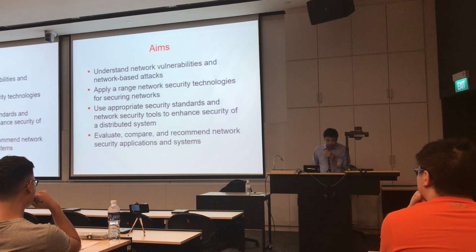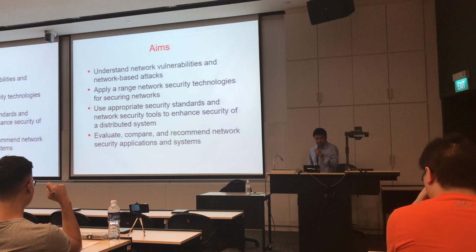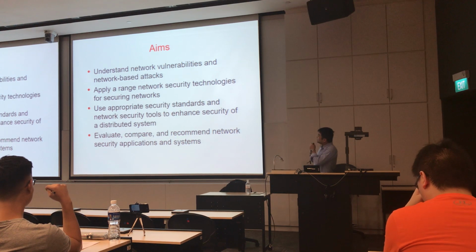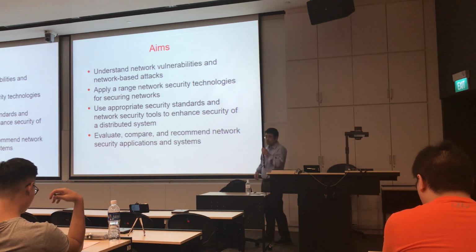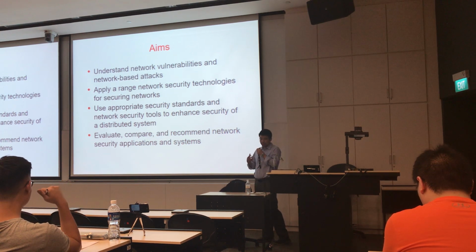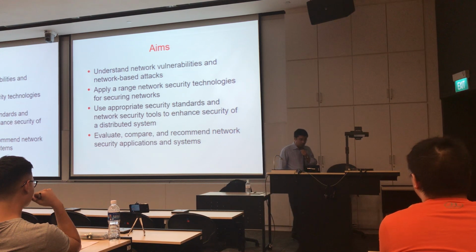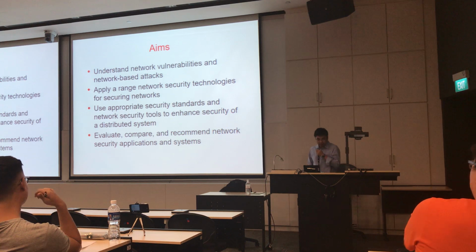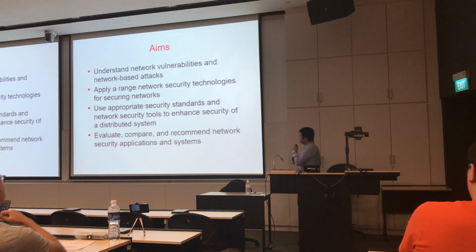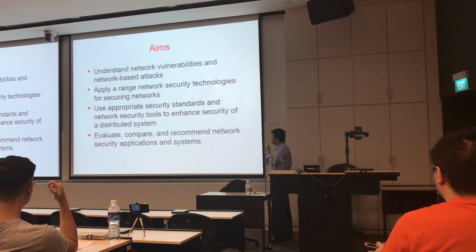And the second aim is to apply a range of network security technologies for securing networks. Here we will look at the crypto technologies, and sometimes we also use some other technologies to secure the network. And then use appropriate security standards and network security tools to enhance security of distributed systems.